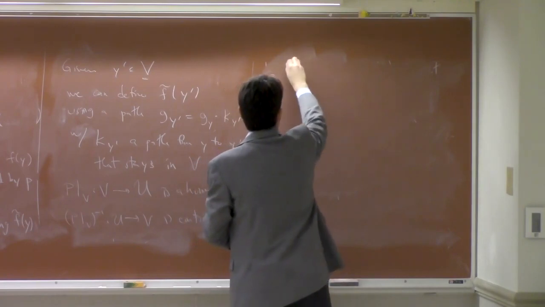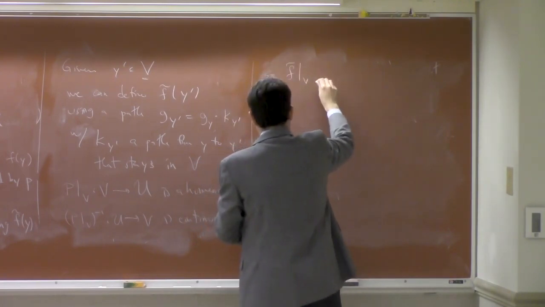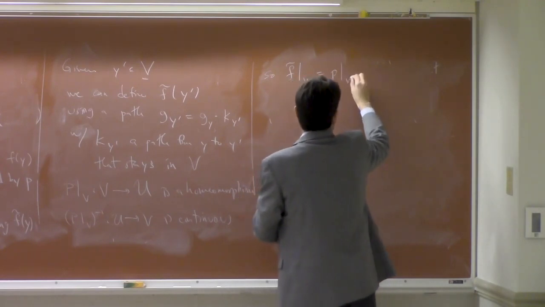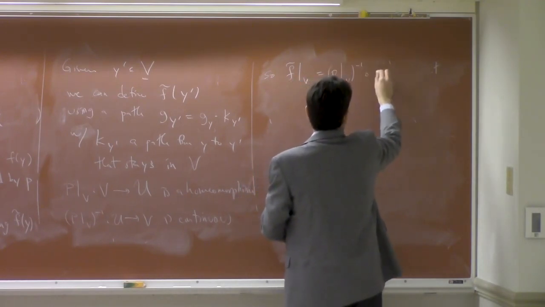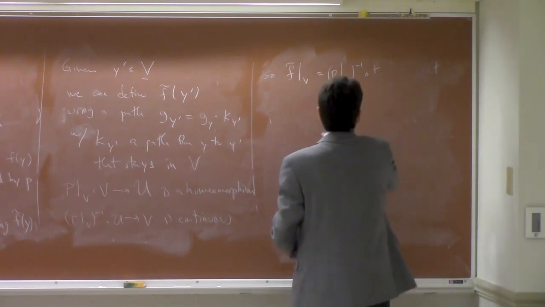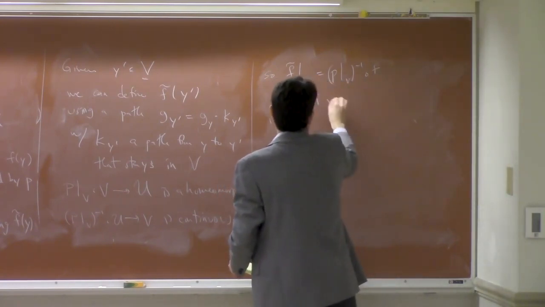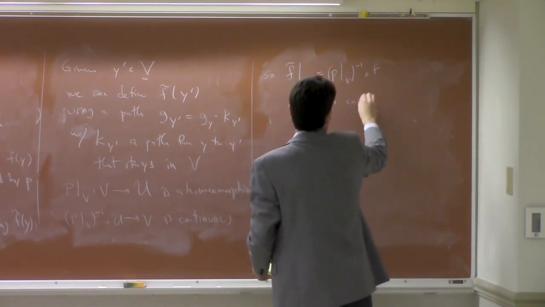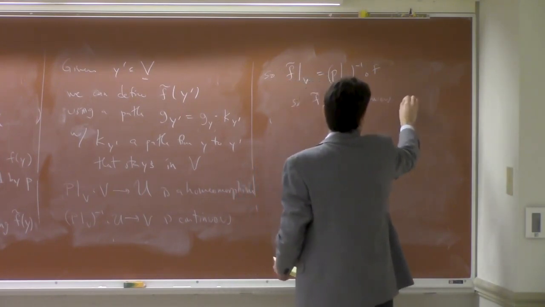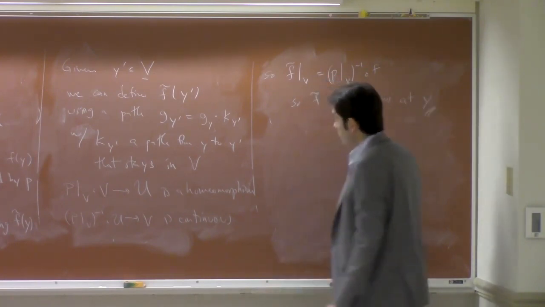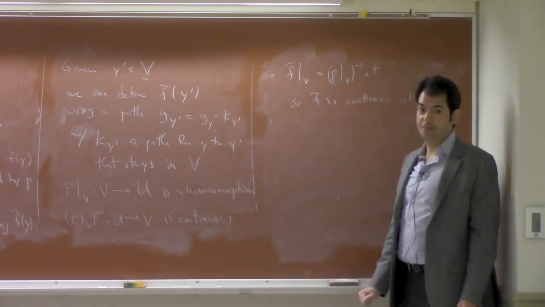So in fact, you can see that f tilde restricted to V is just (p restricted to V) inverse composed with f. So f tilde is continuous at y. And since y was arbitrary, f tilde is a continuous map.